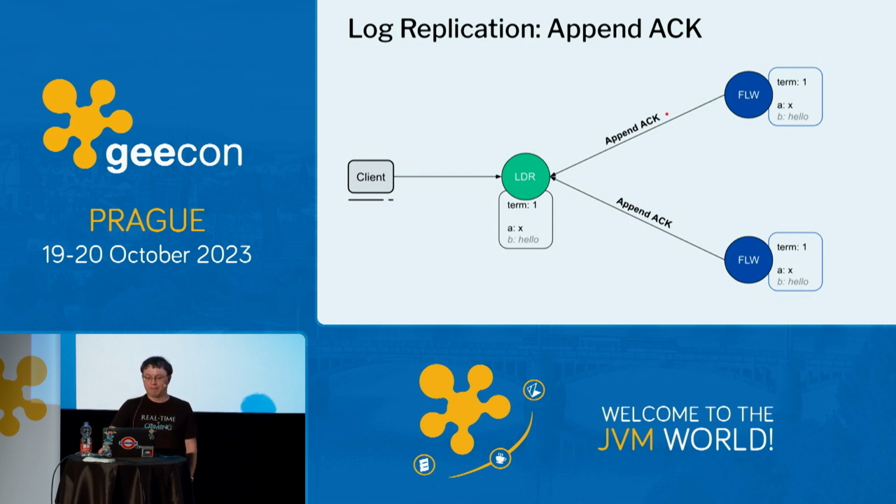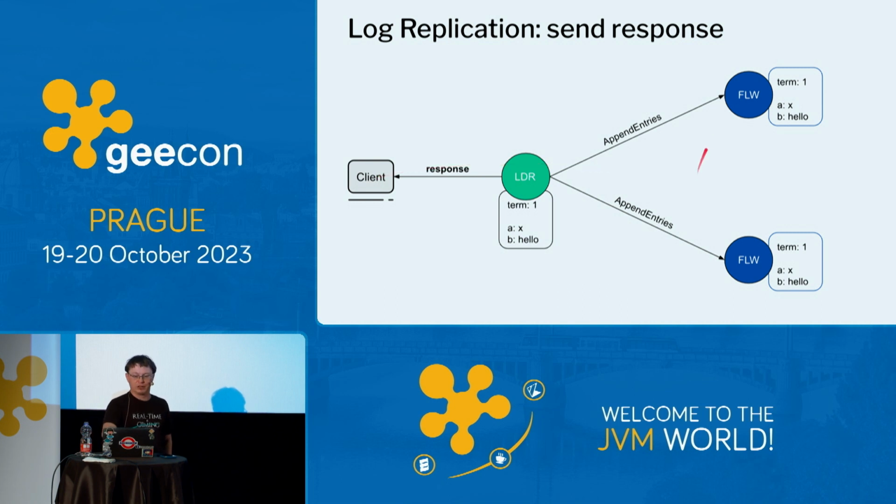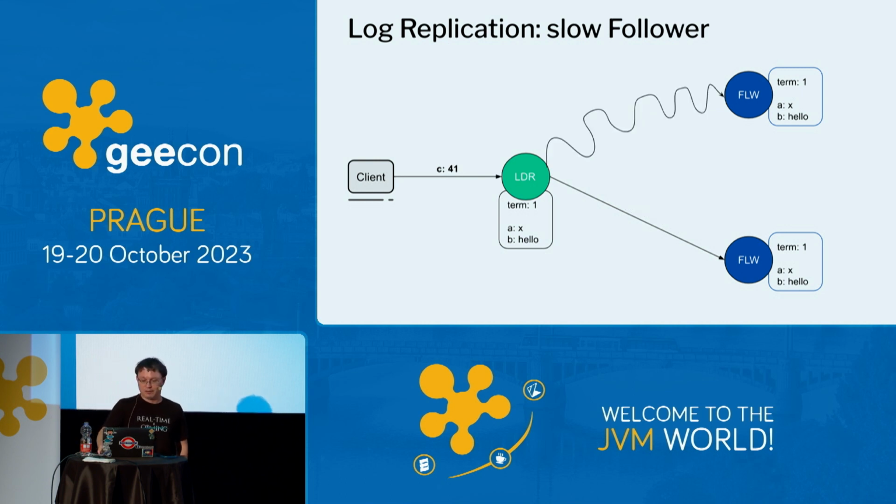And when the leader receives the majority of acknowledgements, so the majority is 2, the leader itself and one of the followers, it can commit this operation, execute it, send the response to the client, and also tell the followers that they can also commit and execute this operation. This works in the normal case, and everything is fine.